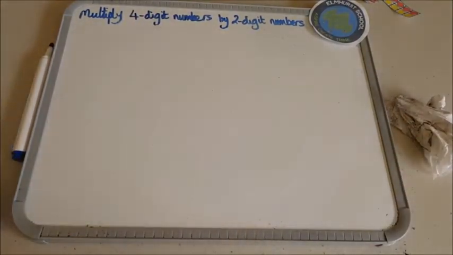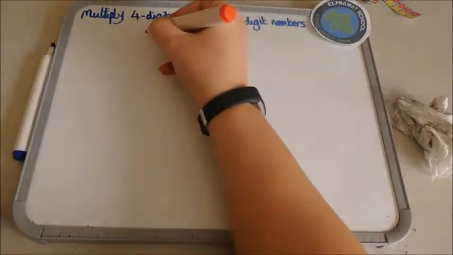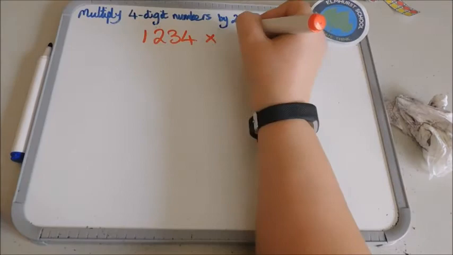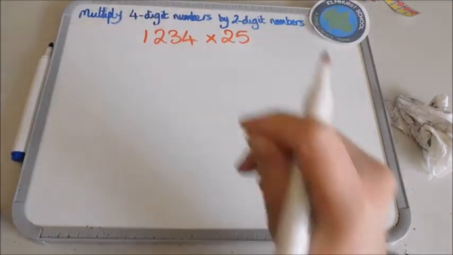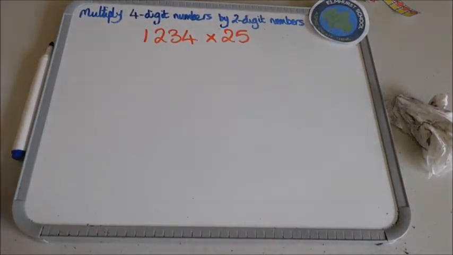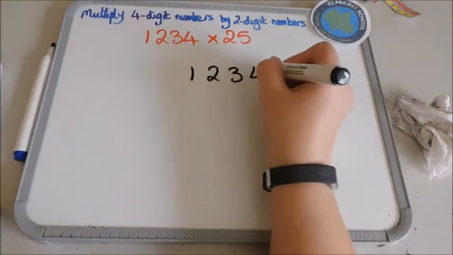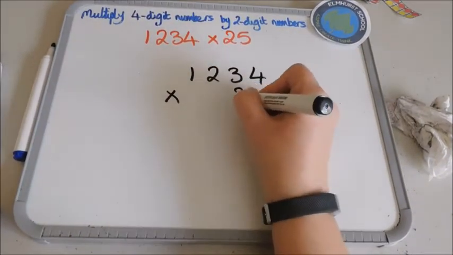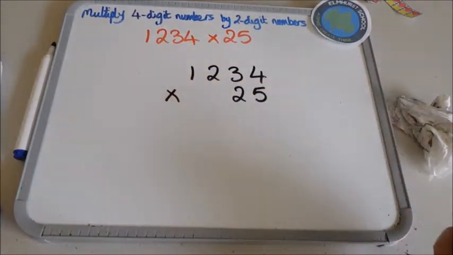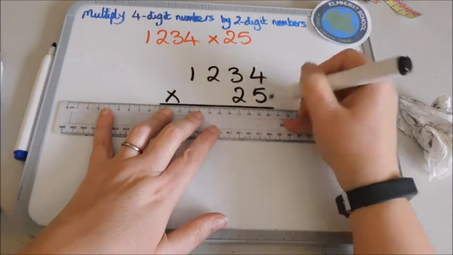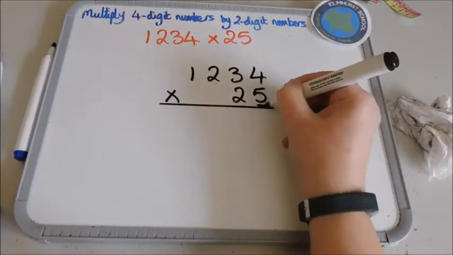So this time the calculation I'm going to do is 1,234 multiplied by 25. Okay. So line up my columns. Start with the smallest number.